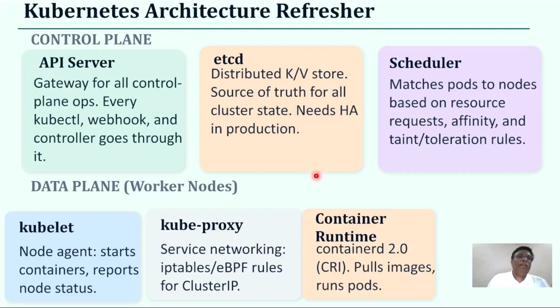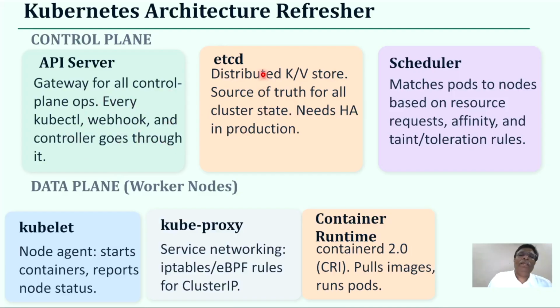So let's start in brief about what control plane components basically do. So we have this API server here. It is a gateway for all control plane operations. Every kubectl, webhook, and controller goes through it. So we are talking of the API server access, right? So for all operations, for all webhooks, right?